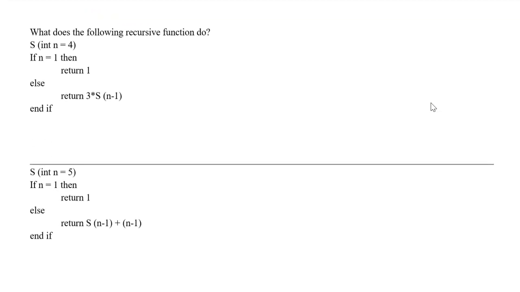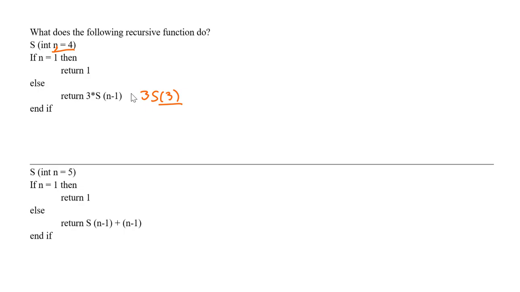So right here we have these two examples. What does the following recursive function do? If n is 4, so we're starting with n equal 4. If n is 1, return 1, else return 3 times s of n minus 1. So we said n is 4, so it's gonna return 3 times s3.